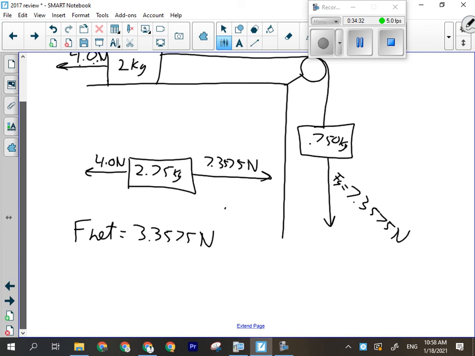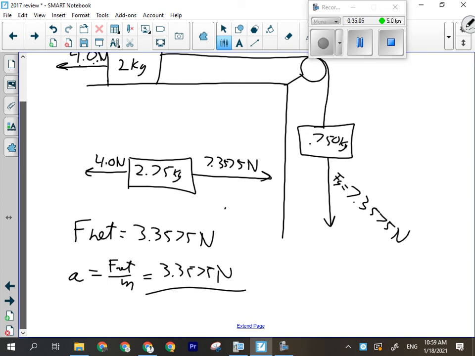Now I want to find the acceleration of the cart. So acceleration is F net divided by m. So 3.35 newtons divided by what? 2.75. Remember, that net force is accelerating the whole system.